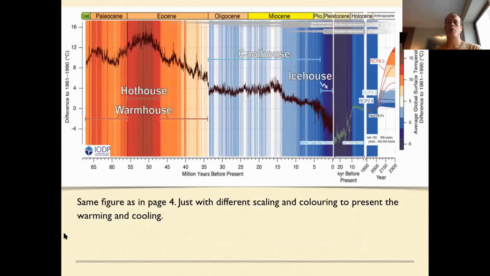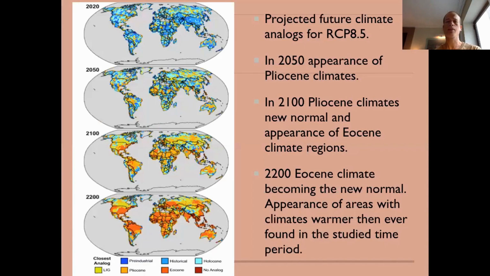So, in my opinion, even if there can be good life on Earth when the planet is warmer, getting there in a short amount of time is probably not a good idea. You can see here the Eocene is quite a spread out period, not something which happened suddenly, and the same for the Pliocene. So it doesn't look like a safe bet to me.